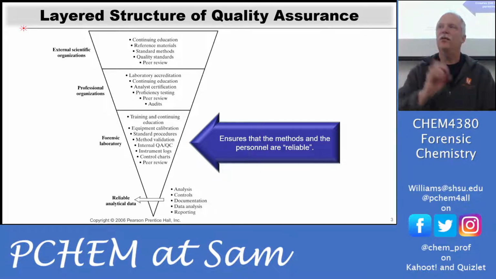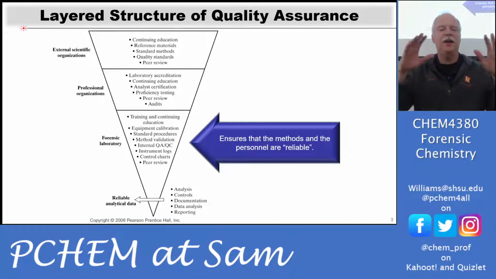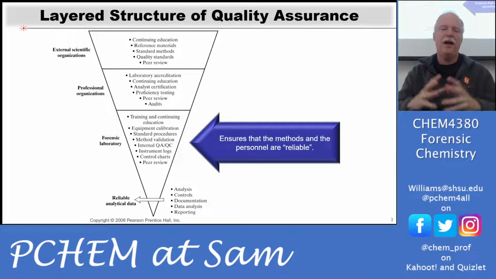They can bring you unknowns and test to see if you give them the correct answer. And so you have proficiency testing, you have audits, and then you also have down in the forensic laboratory training and continuing education, and then all of the methods and procedures, the calibration procedures, how you handle your samples, and so on.